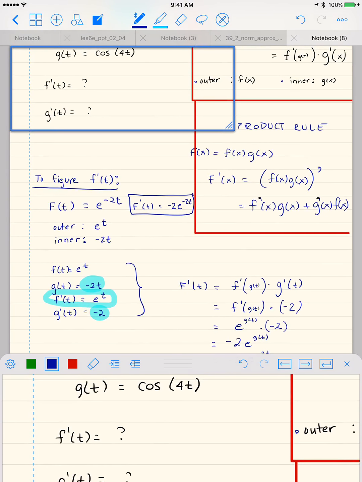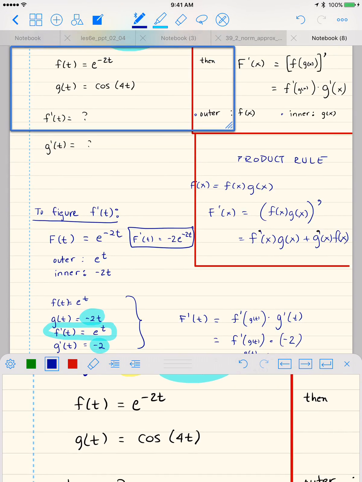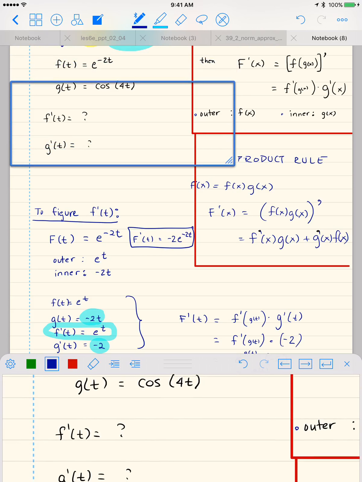Okay, so back up here, remember we just switched it. The derivative of this e to the negative 2t is going to be negative 2 e to the negative 2t.